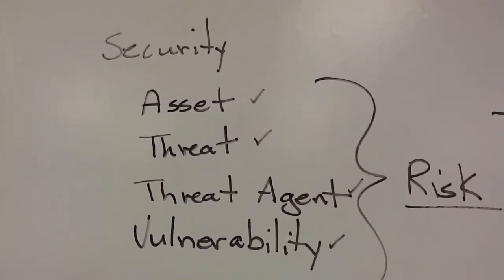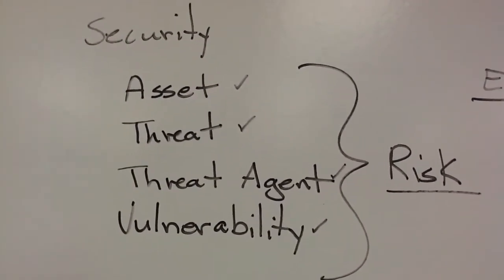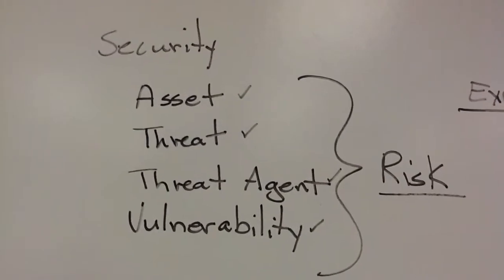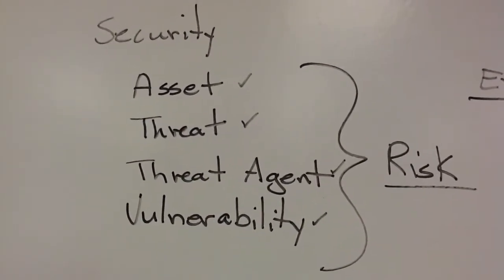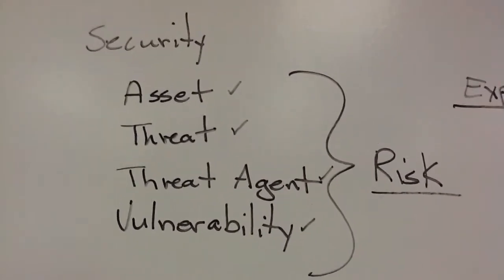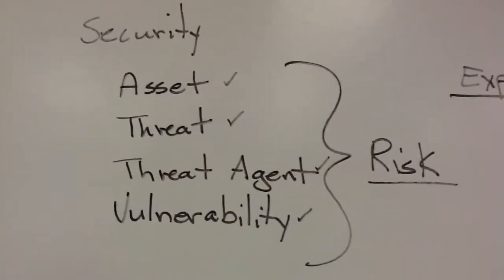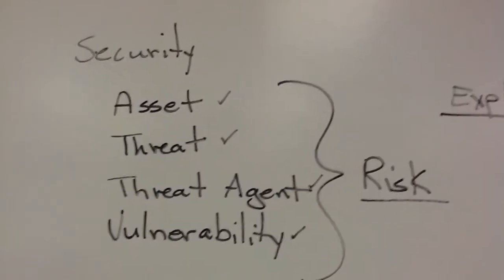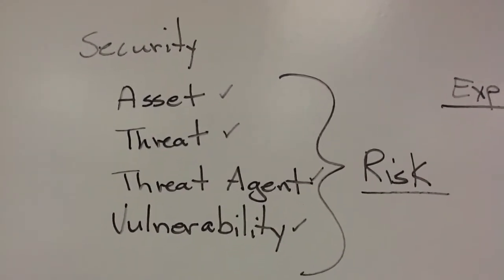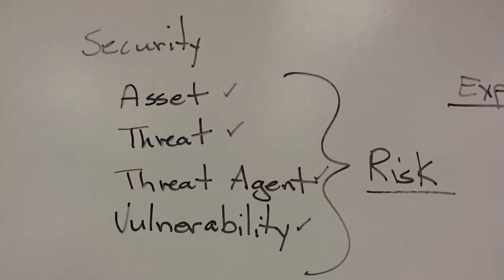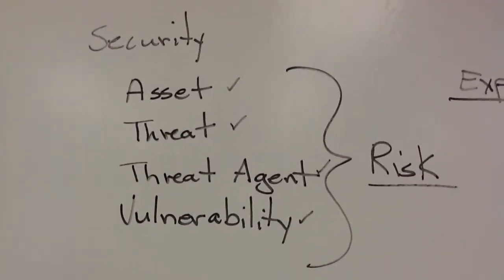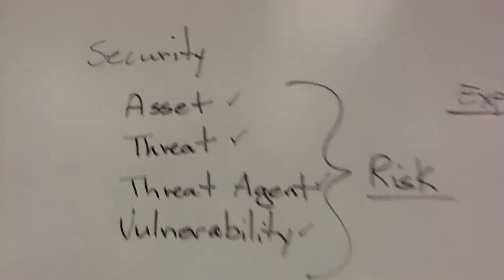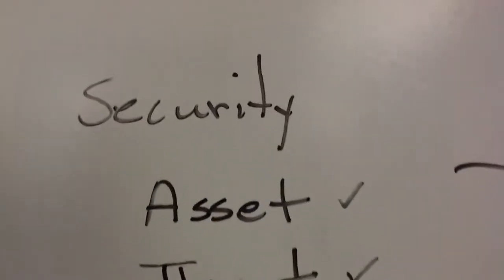Okay, is there something that can destroy or steal or do something to the asset? If you live on the coast in Florida, you always have the option of a hurricane destroying your assets, your data. Here in the Midwest, a tornado could come through and destroy our computers and thus destroy our data. People can steal it, manipulate it, all those things. So the data is what we're typically talking about in this class.